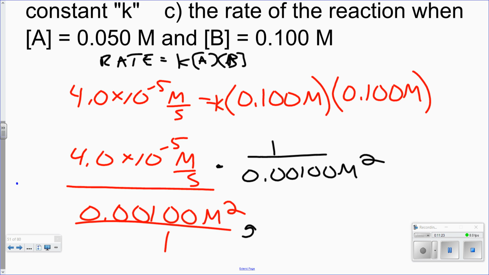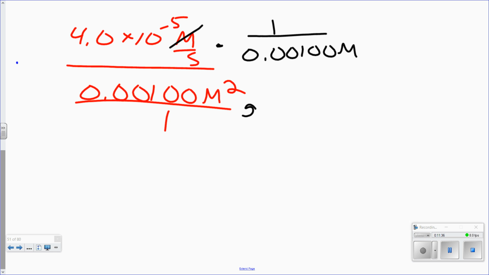Well, if that's the case, I have molarity canceling out with a molarity, and therefore I have just molarity to the first. So my answer, I know this is confusing, but you got to work through this. My answer is still 0.04, but it's per molarity times seconds.